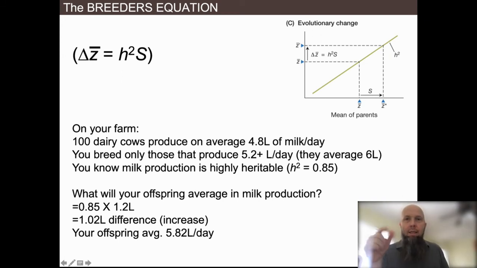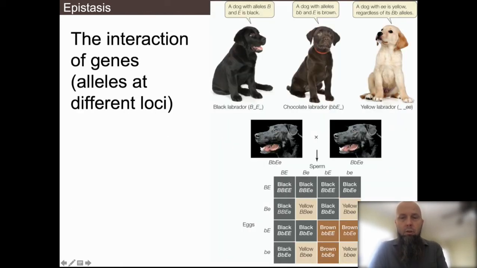So if I take an increase of 1.02 liters a day over our previous production average of 4.8, I get 5.82 liters of milk a day in my next generation. That's a really rapid shift in milk production that is very predictable based on the strength of selection that I, as the dairy cow breeder, get to choose.